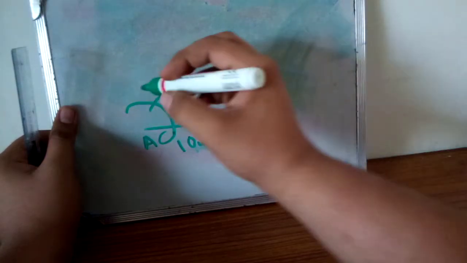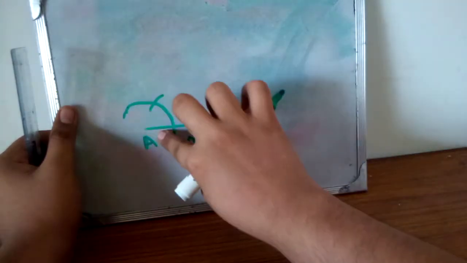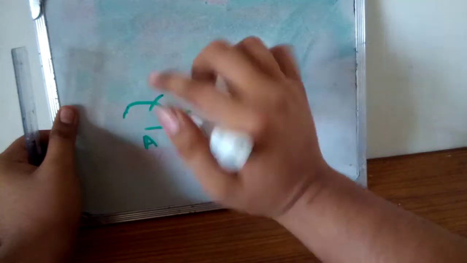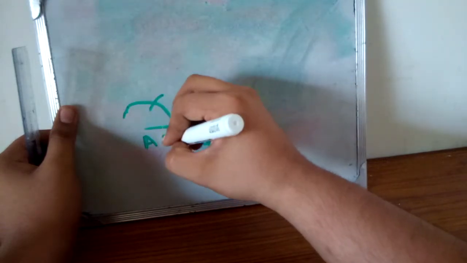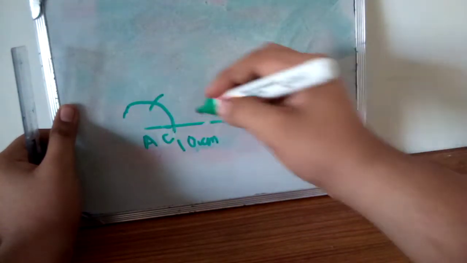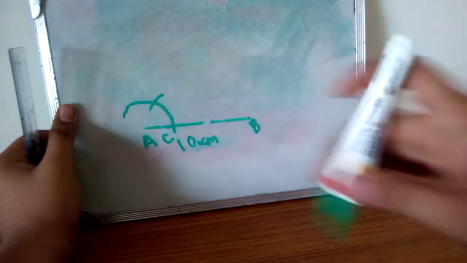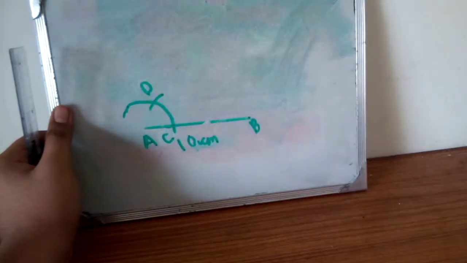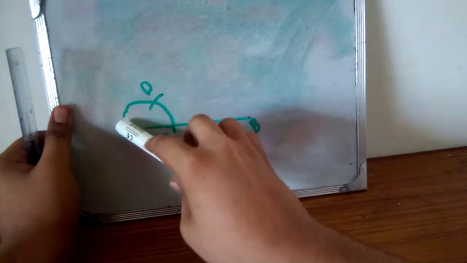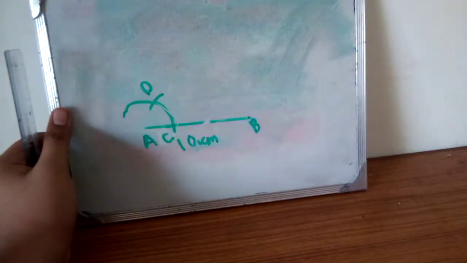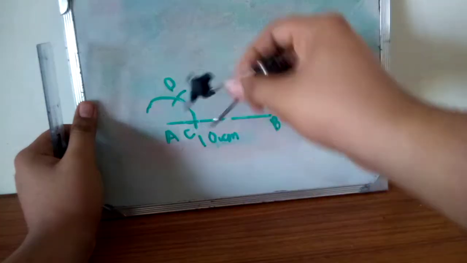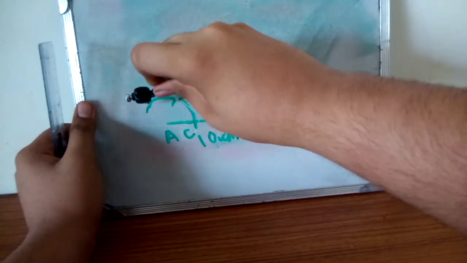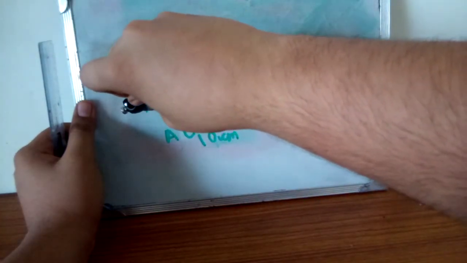And then we will again make an arc by keeping the compass tip at point D with the same radius to intersect the first arc, which is this one.